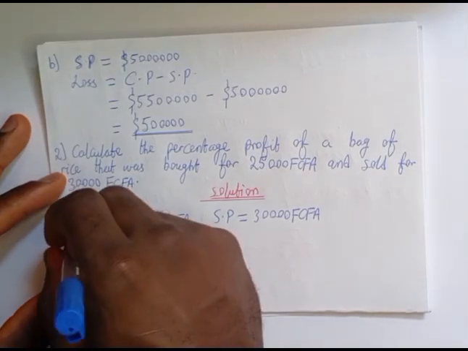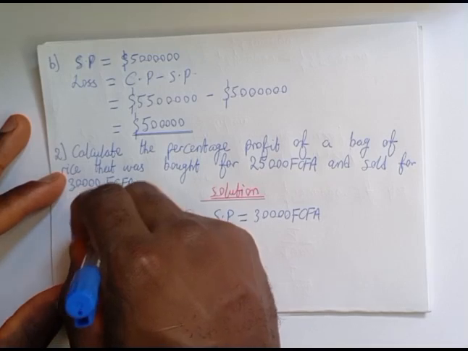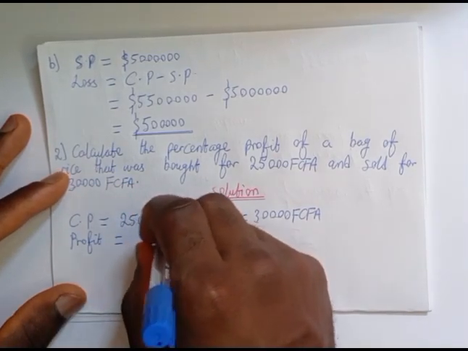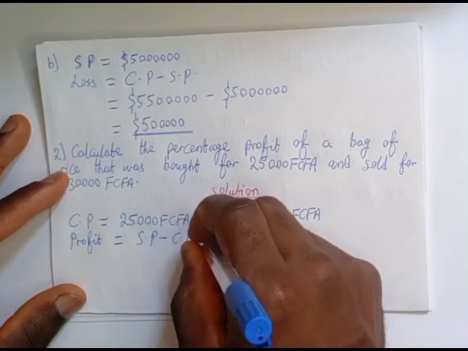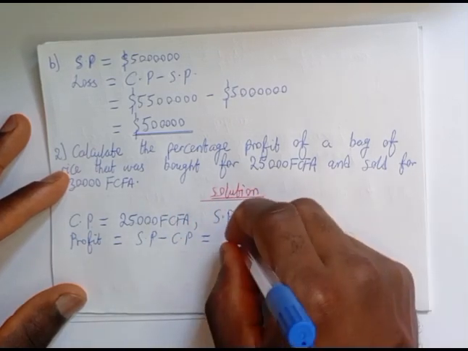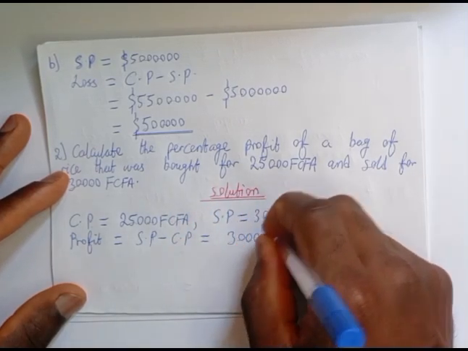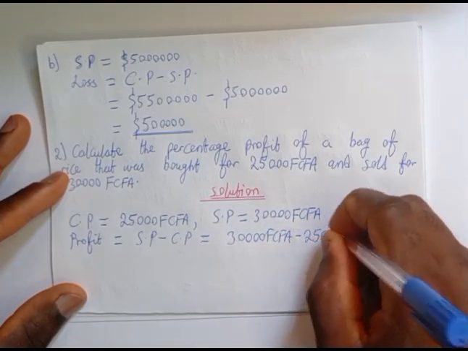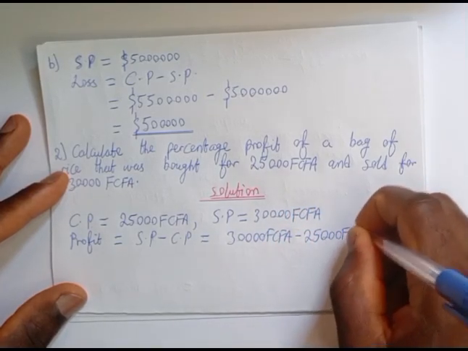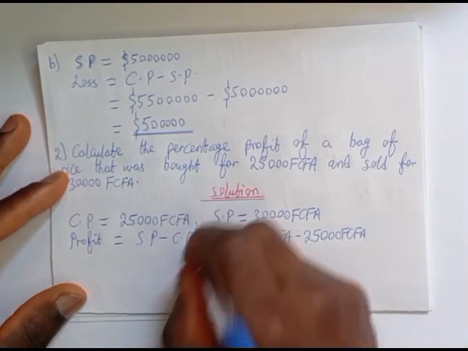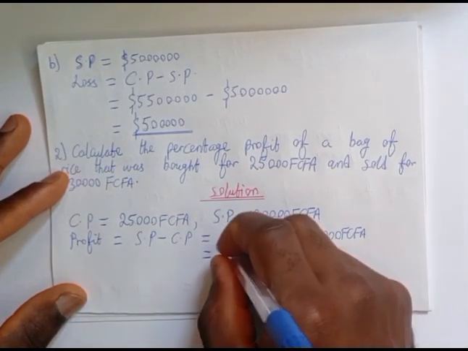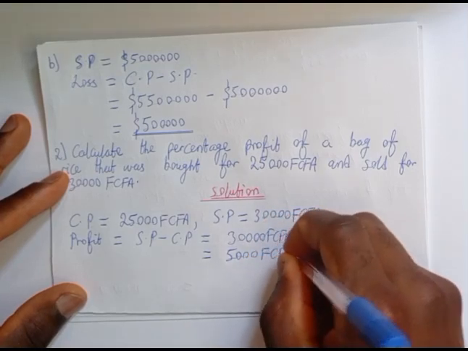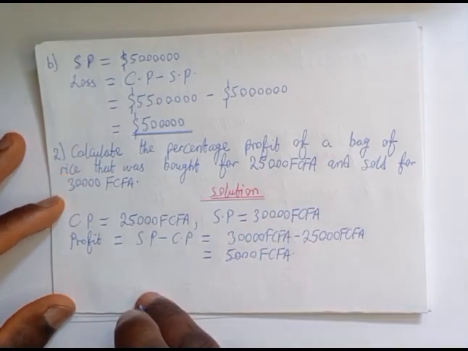That means a profit was made, and the profit is simply equal to the selling price minus the cost price, which is equal to 30,000 francs CFA minus 25,000 francs CFA, and this will simply be equal to 5,000 francs CFA.